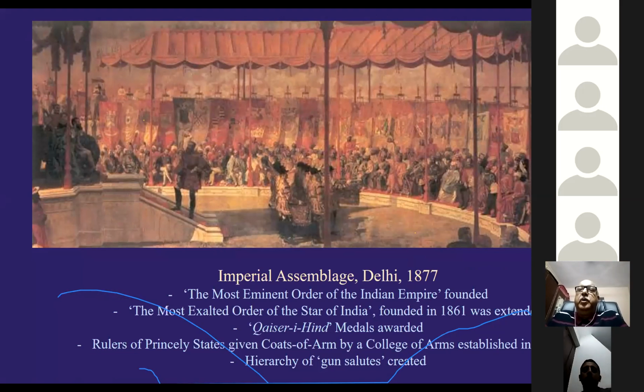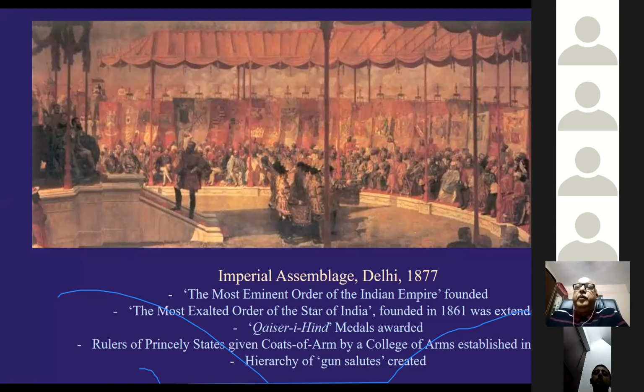So he created orders. The Most Eminent Order of the Indian Empire was founded. These were orders of chivalry. The Most Exalted Order of the Star of India, that was founded in 1861, was extended at this time. The Kaisar-e-Hind medals were awarded. And most importantly, the rulers of princely states were given coats of arms.